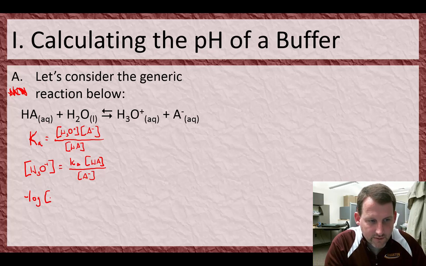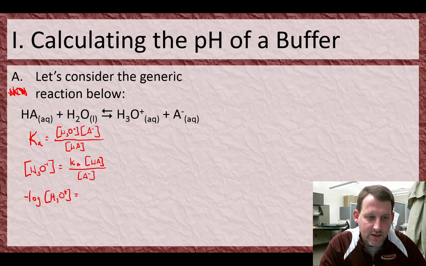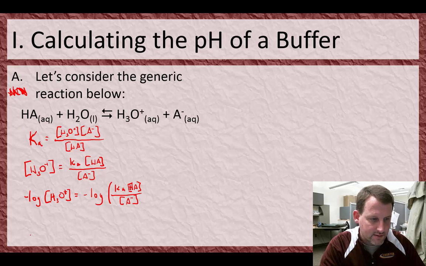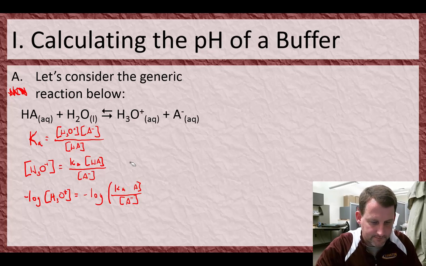So the negative log of the H3O+, or if you're more familiar with just the log of H+, that's totally fine, is equal to, and if I do log to this side, I've got to do log to that side, keep the equation balanced, the negative log of Ka times the concentration of HA divided by the concentration of A-.